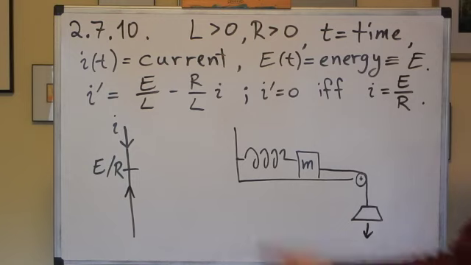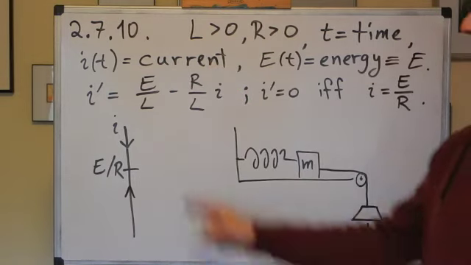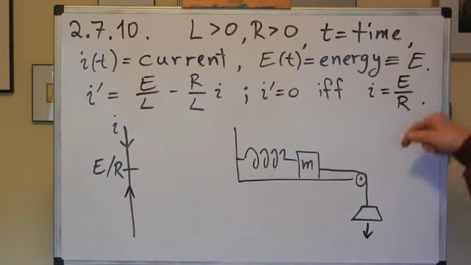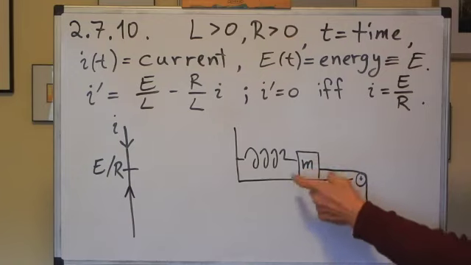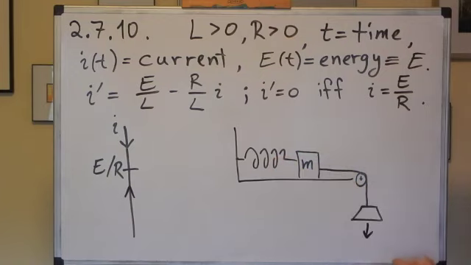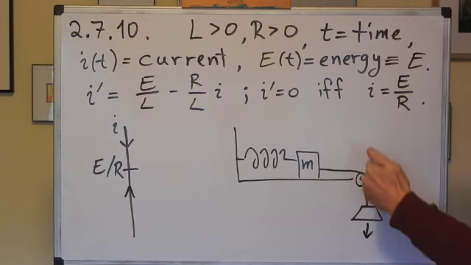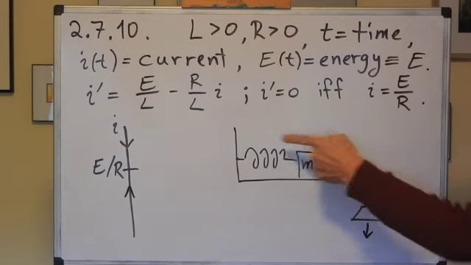So the R over L is the analog of the spring constant, and E over L is the analog of the force here. And it's pretty obvious that the spring might oscillate, but it'll eventually settle at a place where there's a balance between this force and the force of the spring.